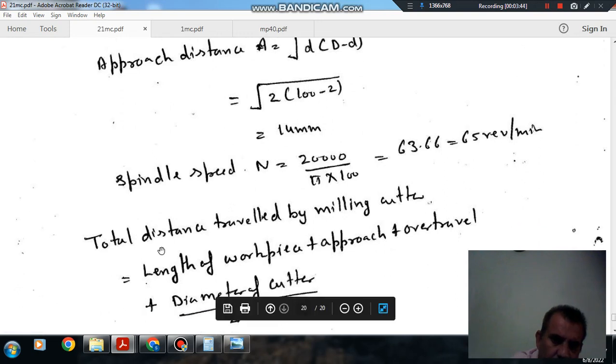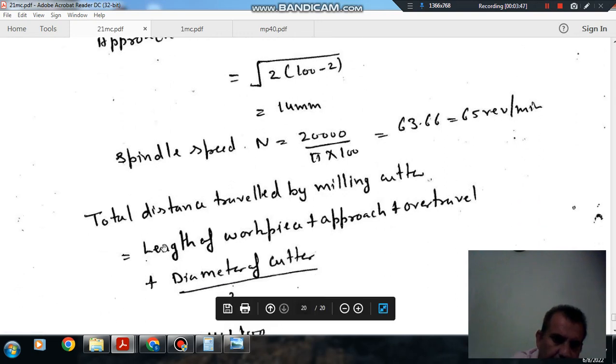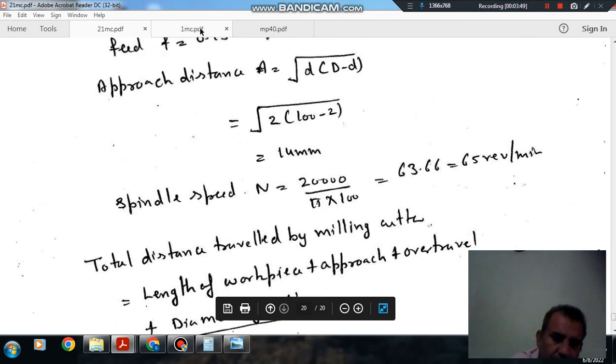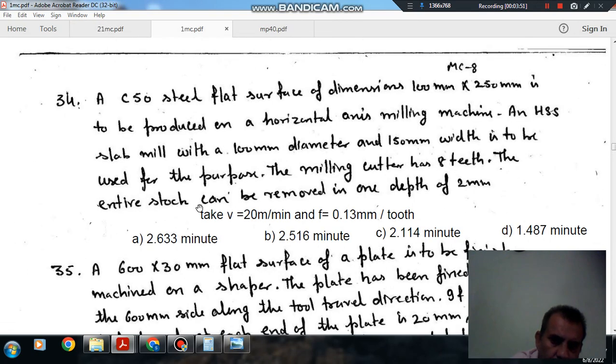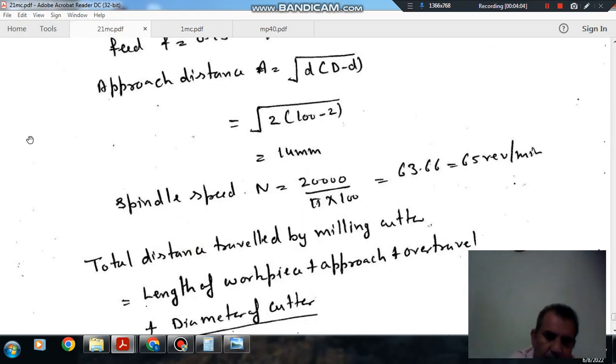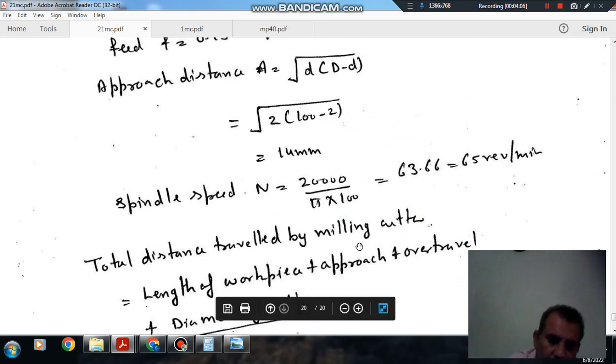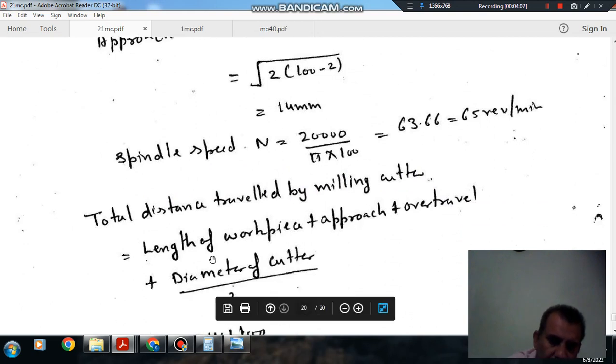Okay. So now the total distance, as we have to perform the cutting operation in one pass only, so we have to remove the cutter also. Okay. And for the removal of the cutter, we have to add this extra dimension also.